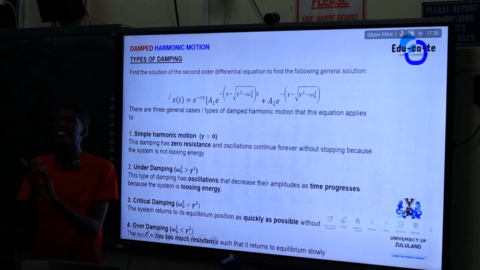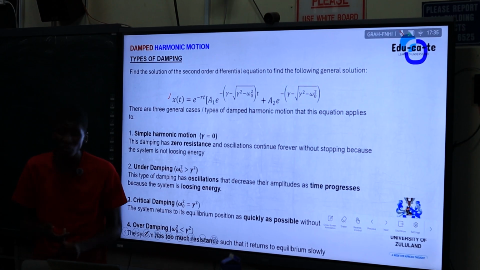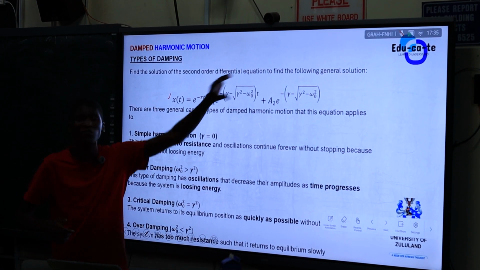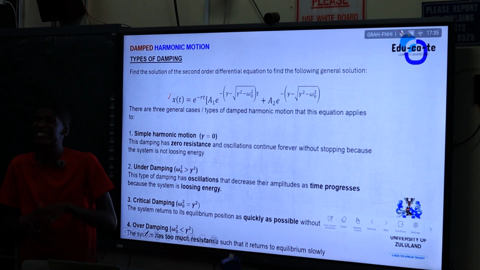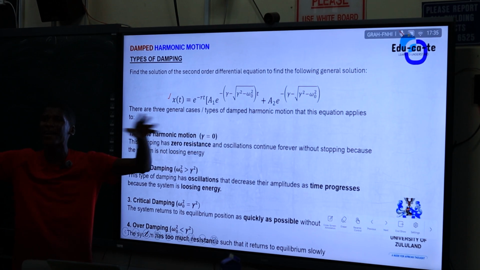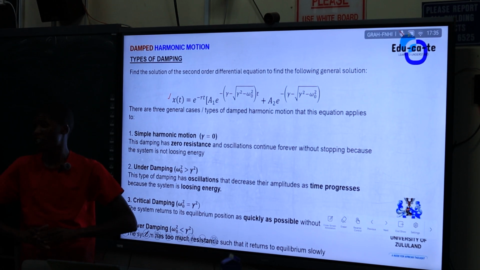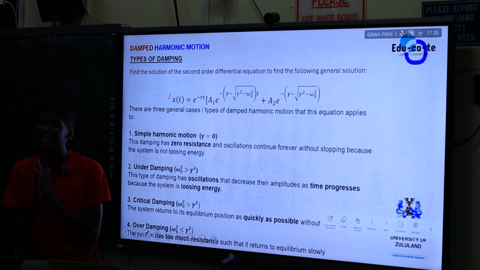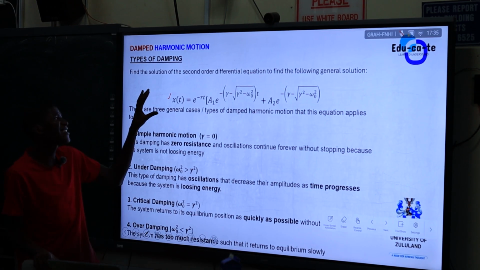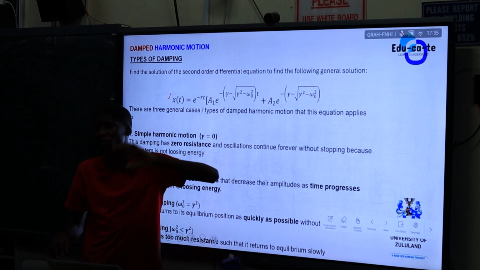It applies to simple harmonic motion and it also applies to damped harmonic motion. So this is a general solution of a differential equation. A general solution simply means it accommodates all cases of harmonic motion. The cases that you can have of harmonic motion can be described by this general equation.